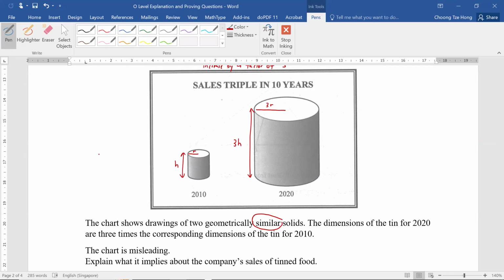Because when people look at these two tins, immediately they see the size of the tin. The size of the tin will represent the increase in the sales, right? So does the big tin in 2020 look like it's 3 times bigger than the 2010 tin? One look at it, it's quite obvious that it's not going to be 3 times bigger.